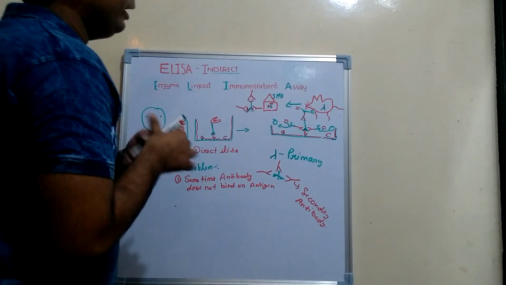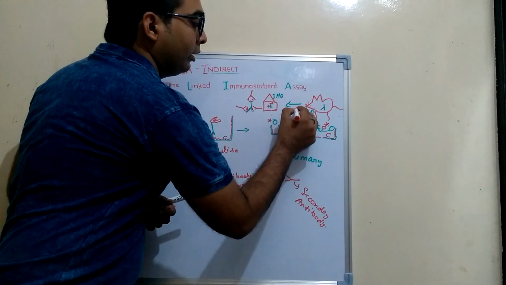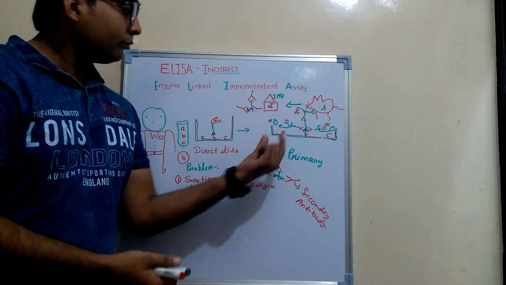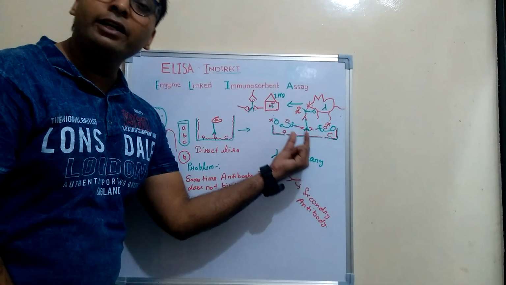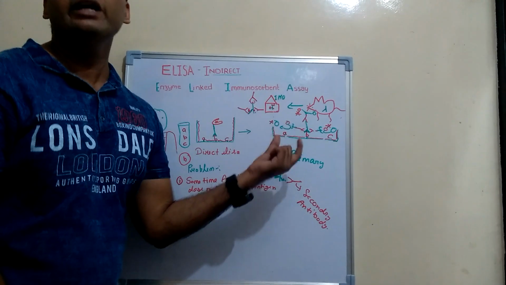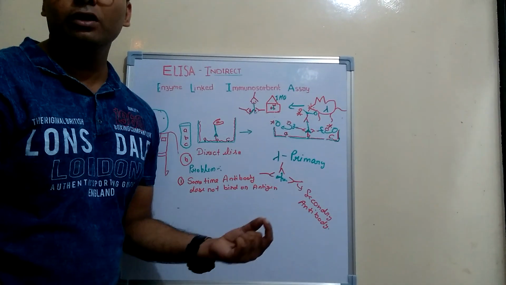Look here, the intensity of light is here, here, and here. If you talk about the intensity of light, you can see that here there is a lot of intensity of light. It means that the ELISA machine will detect it very soon.